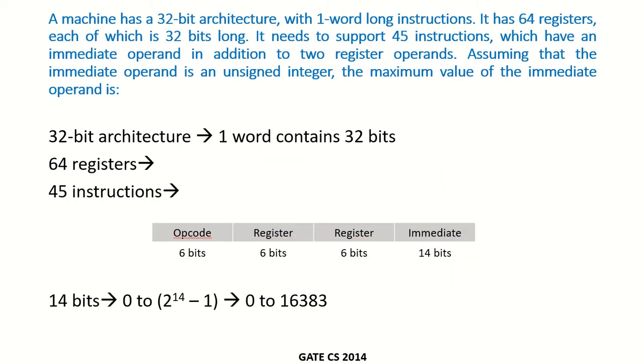Let's take another example. A machine has a 32-bit architecture with 1 word long instructions. 32-bit architecture means that each word contains 32 bits, and instructions are 1 word long, so the instruction length is also 32 bits.